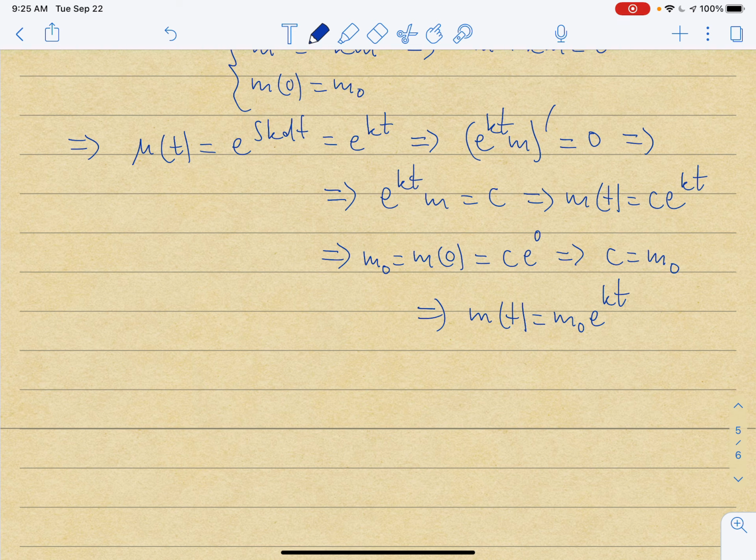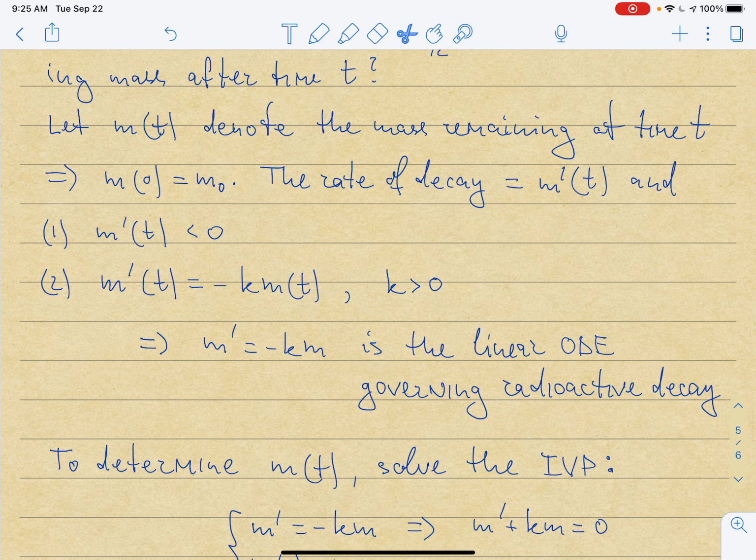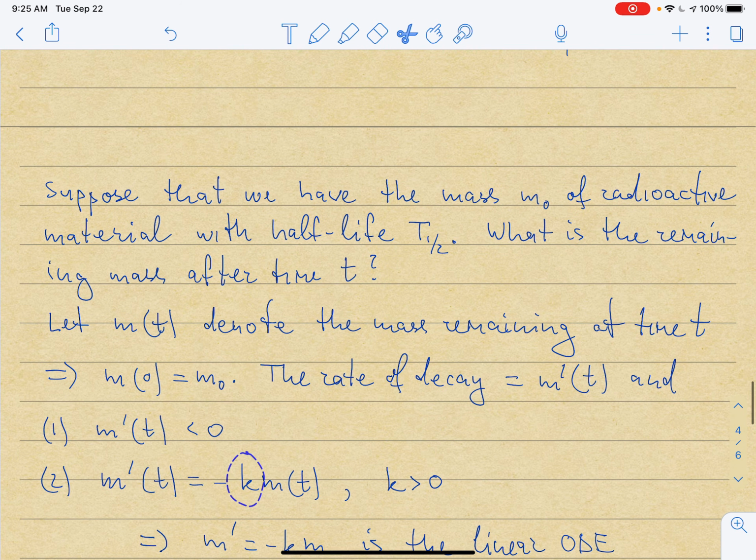Okay, so the rate of decay then is determined by this constant k that we don't know, but instead we know the half-life. And clearly, again, half-life large means that the decay is slower. Half-life small means that the decay is faster.